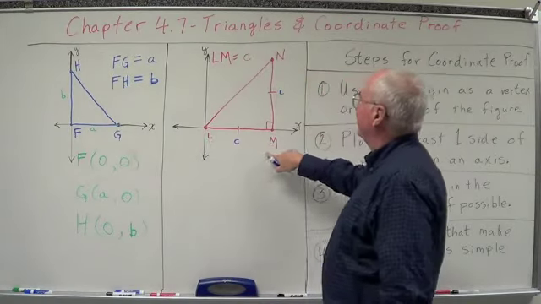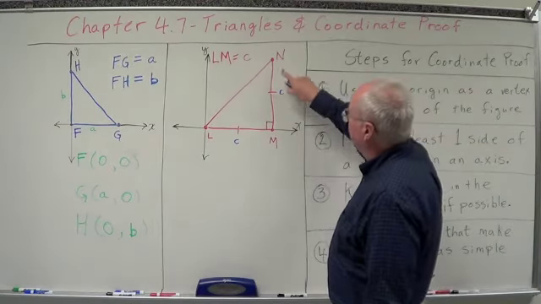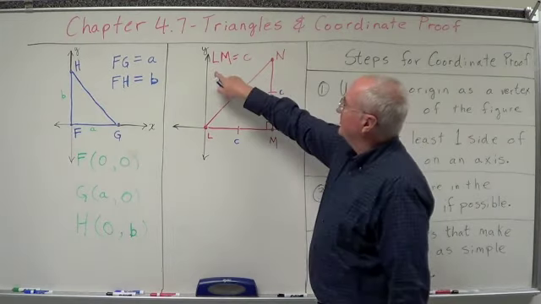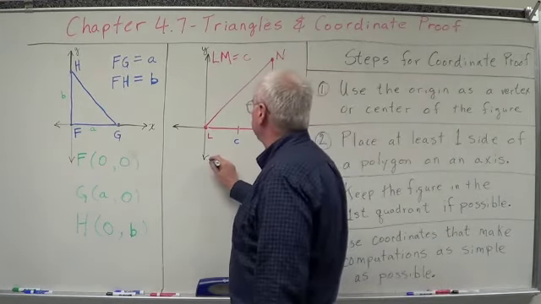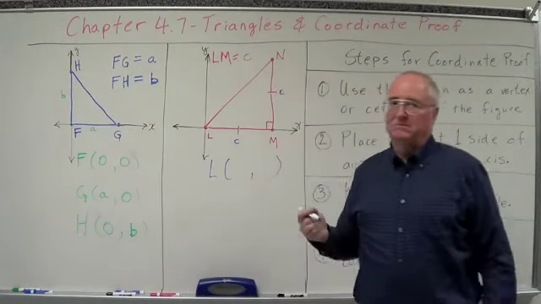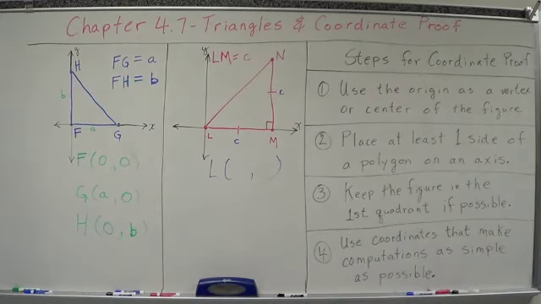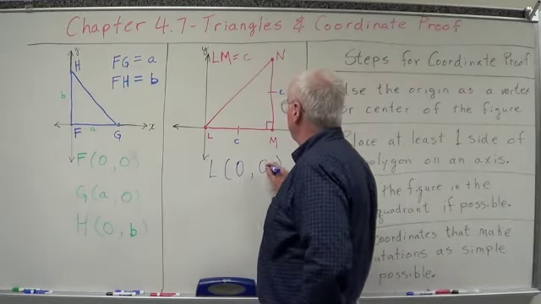So the distance from L to M along X is C. The distance from M to N parallel to the y-axis is also C. So let's find out where these are. L. What are the coordinates of L? What's at the origin? What are the coordinates of the origin? 0, 0.